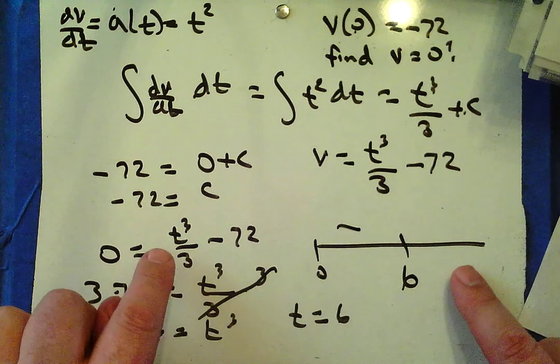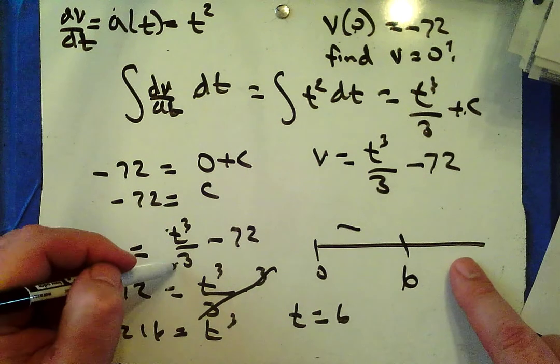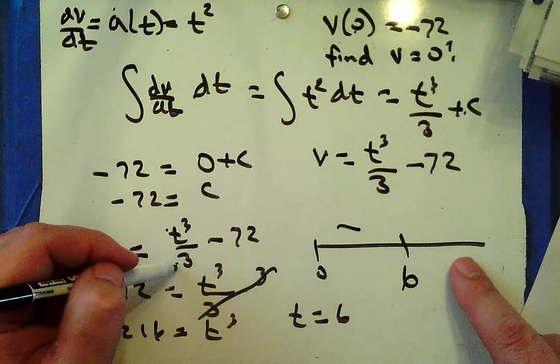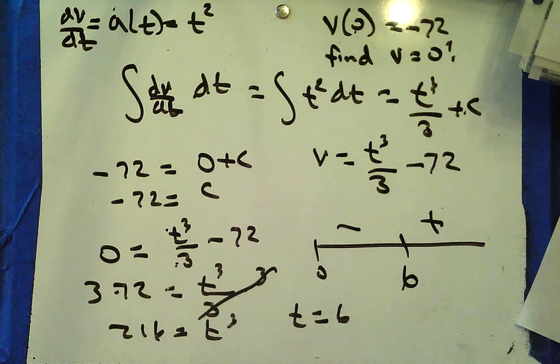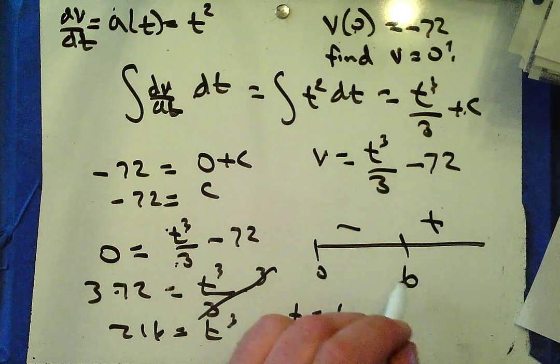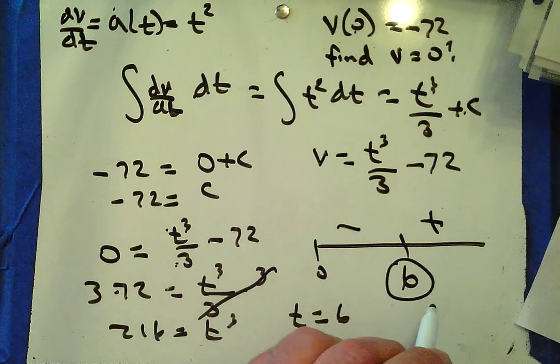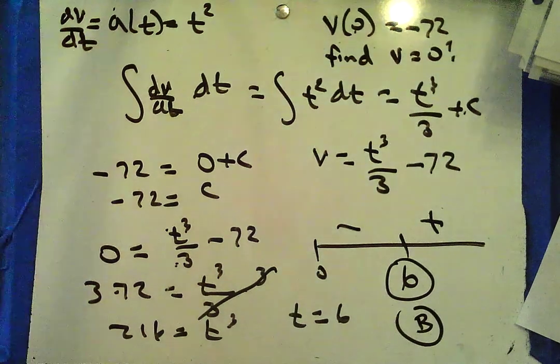If I plug in a 10, I get 1,000 divided by 3, which is bigger than 72, so this is positive. And I see a sign change there, which means we change directions at 6. So we change directions at 6, and that's choice B. B for number 12.